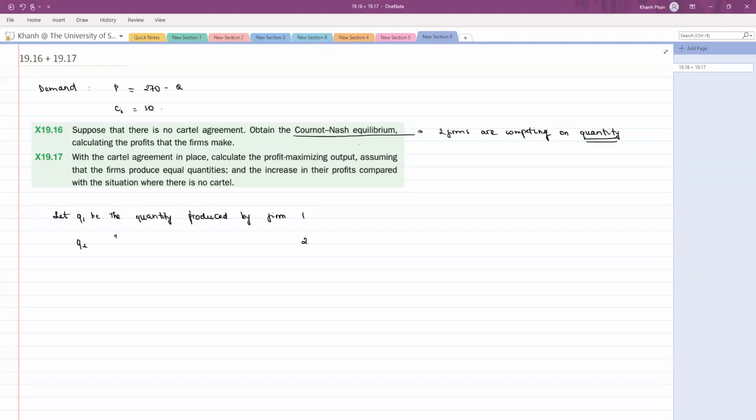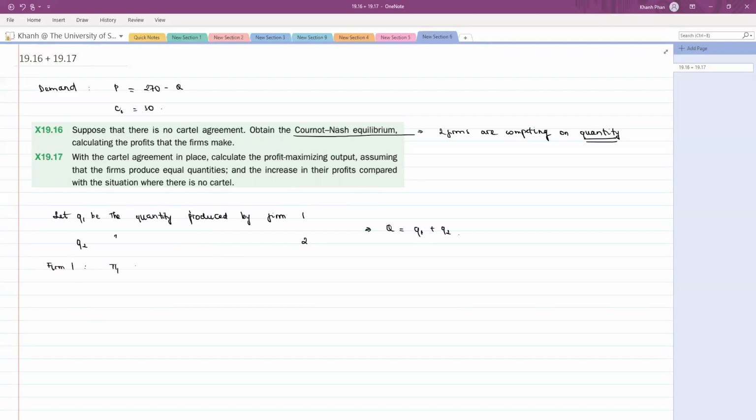This is called a Cournot equilibrium. Each firm is going to choose Q1 and Q2 to maximize its profit. The total output in the economy, Q, is just Q1 plus Q2, since there are only two firms in the market. We are going to write out the profit for firm 1 first.